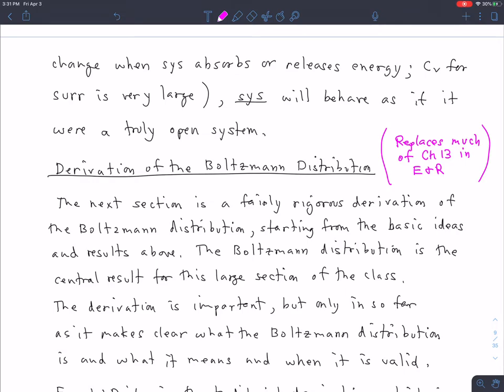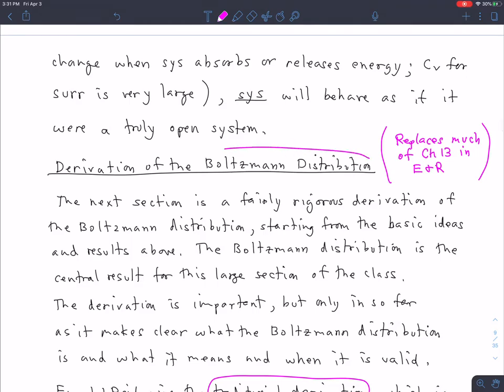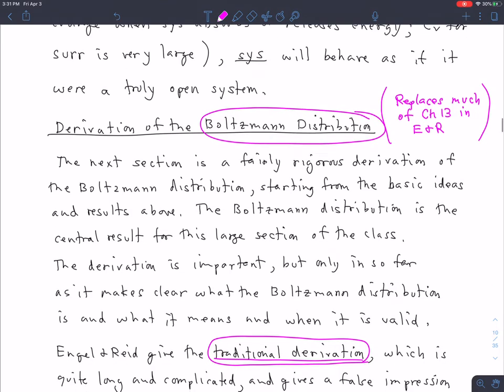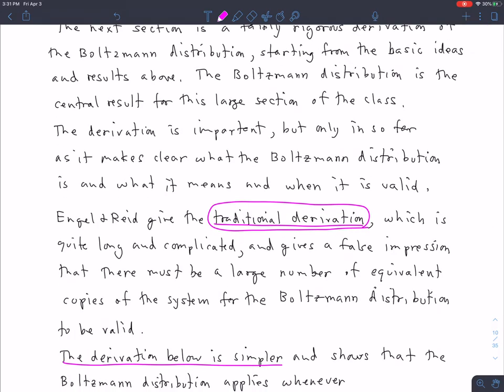It's a simpler one, it's a more basic one, and it has the advantage that the traditional derivation, which is what Engel and Reid do, leaves you with a false impression that the Boltzmann distribution, which is what we're calculating next, only applies if you have a huge number of copies of the system itself, and that just isn't true.